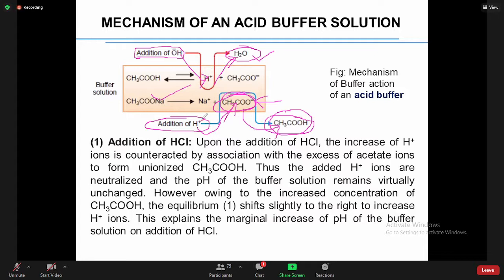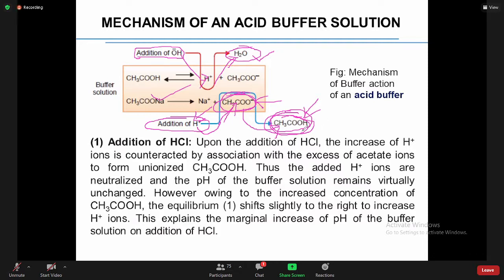For example, we are not using more, rather we are adding only one mole of hydrogen ion. So it will produce another acid. So production of this acetic acid will not increase the acidity much in the buffer solution. What do you think?